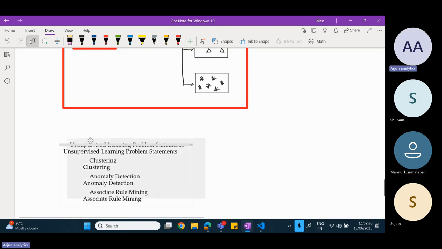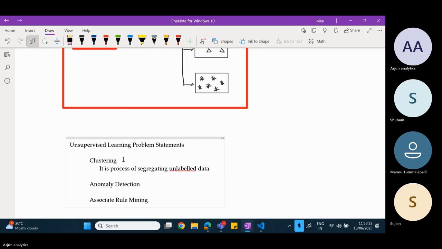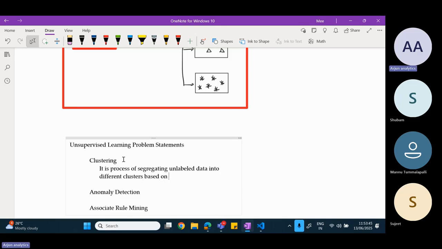What are these three? The first one, clustering, is a process of segregating unlabeled data into different clusters based on common features.